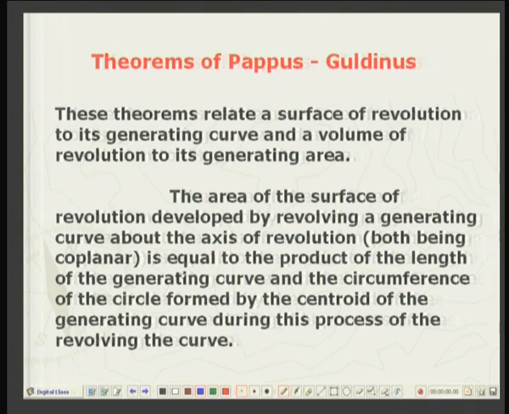So, once again we are focusing our attention only on those curves which are in the same plane, they are not leaving this plane, and secondly the axis about which the revolution is being done also lies in the same plane, is equal to the product of the length of the generating curve and the circumference of the circle formed by the centroid of the generating curve during the process of revolving the curve. So, let us go to the figure.